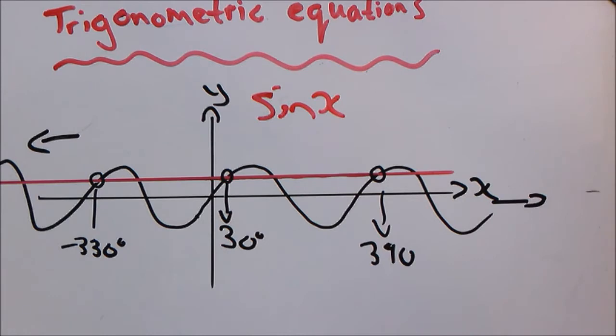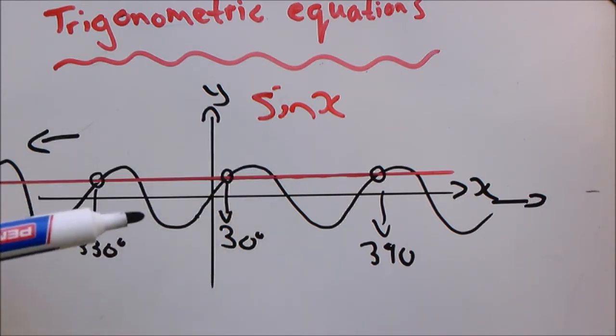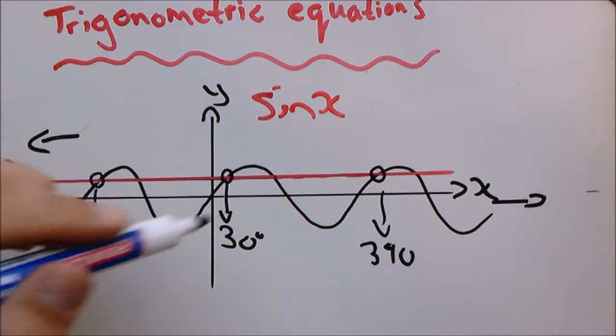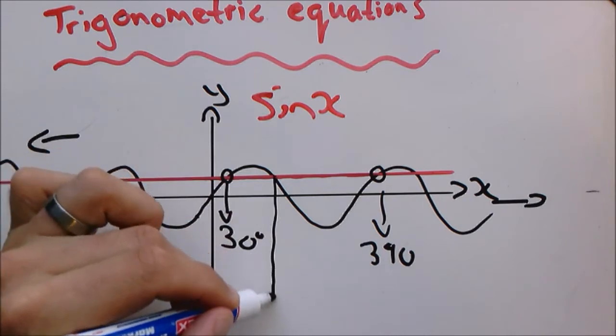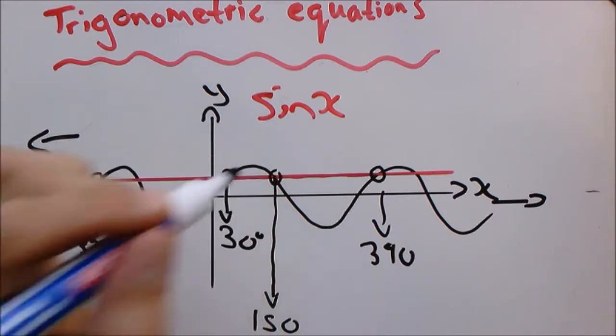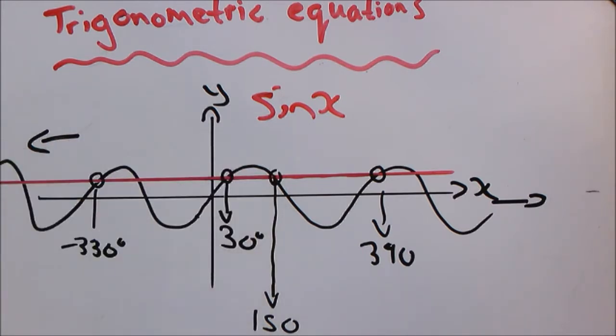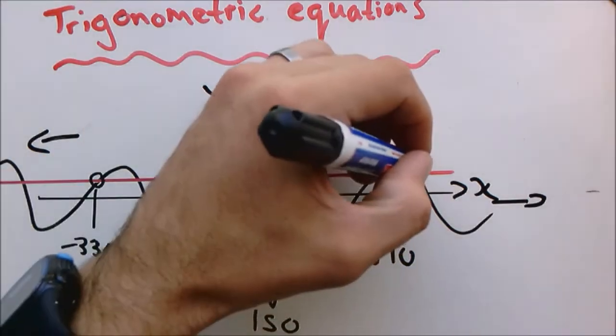Okay. But now there's a second answer as well. And if you remember your cast diagram, you will remember that this would be 180 minus 30. So this would be 150. At 150, you'll also have sine 150 equals a half. And this value will be repeated in phase again.